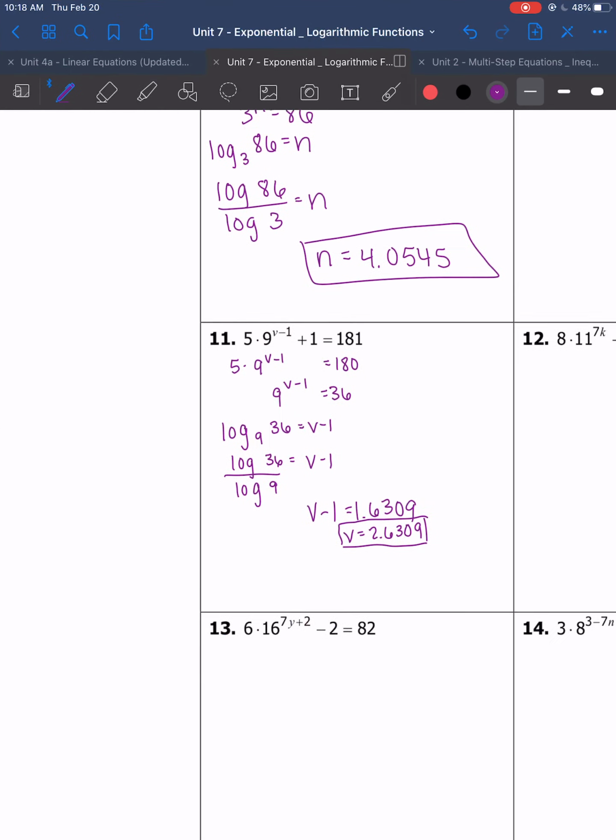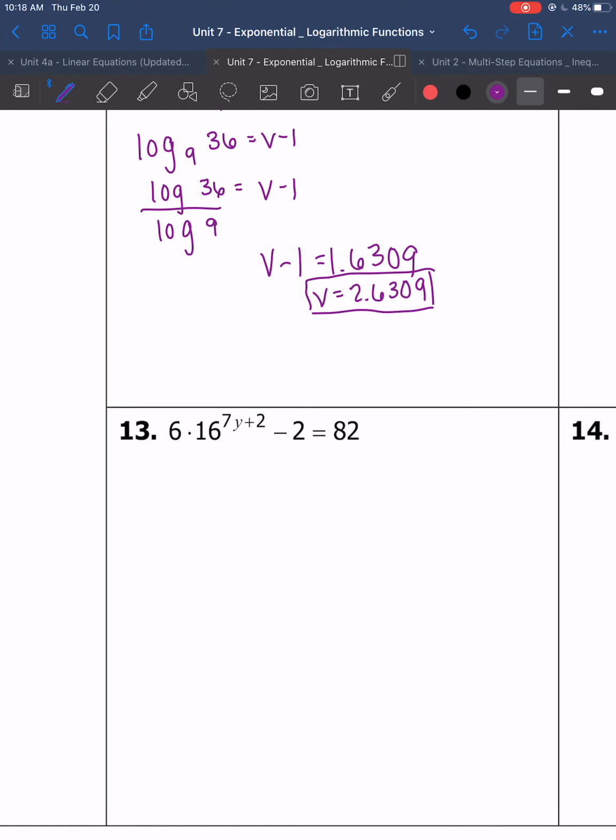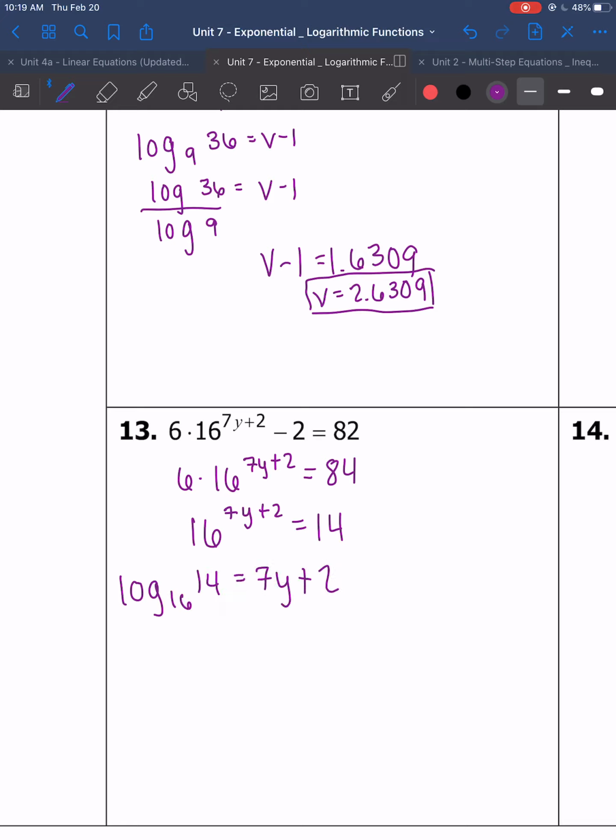And 13, last but not least. Let's add 2, so you get 84 equals 6 times 16 to the 7y plus 2. 84 divided by 6 is 14. 16 to the 7y plus 2 equals 14, so log base 16 of 14 equals 7y plus 2.